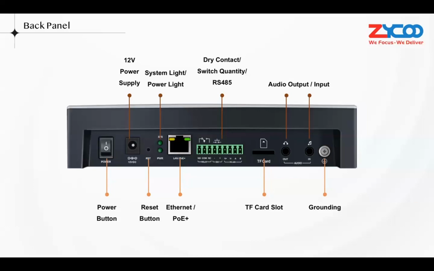Additionally, the M100 offers output interfaces for connecting headphones and similar devices, as well as input interfaces for external microphones, MP3 players, and other devices, further expanding its functionality and versatility.